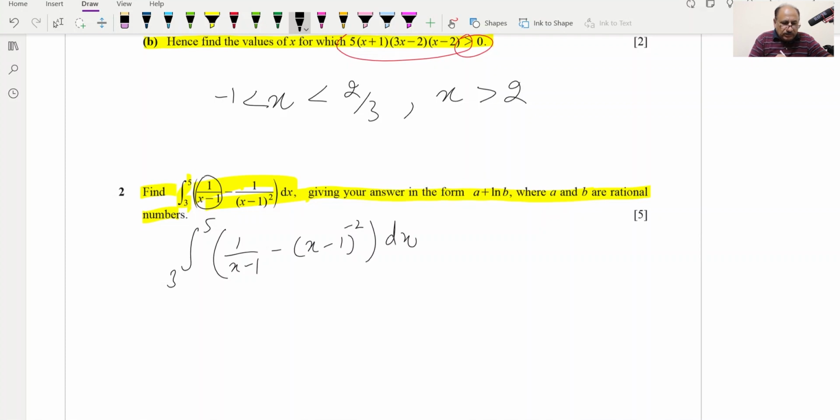Now we can integrate, and after integrating this will be log of x minus 1, minus x minus 1 whole raised to minus 2 plus 1, so it will be minus 1, and it will be divided also, from 3 to 5.